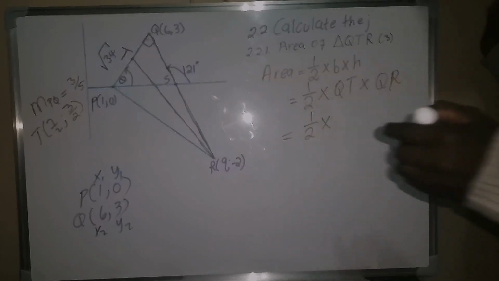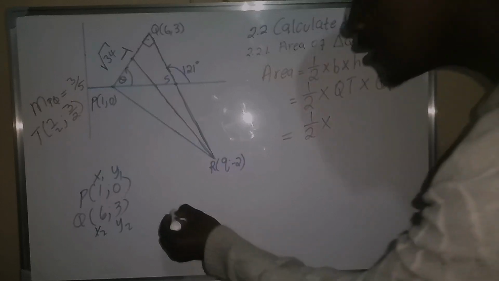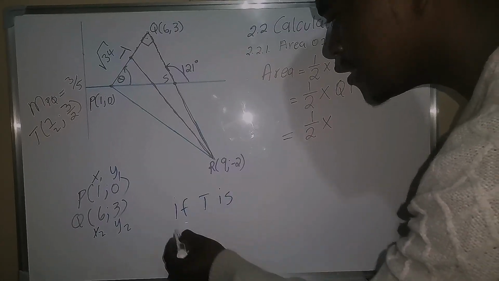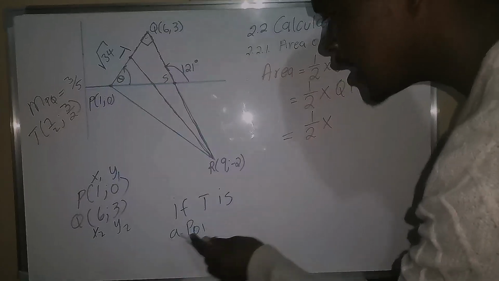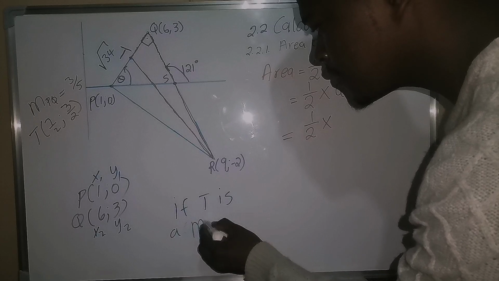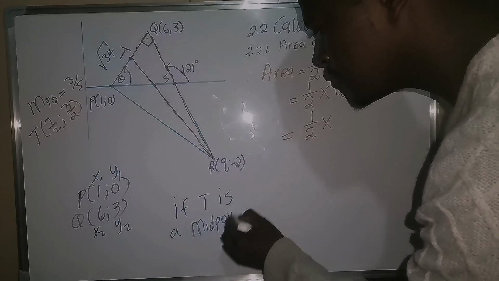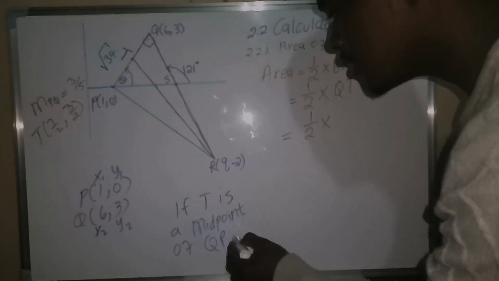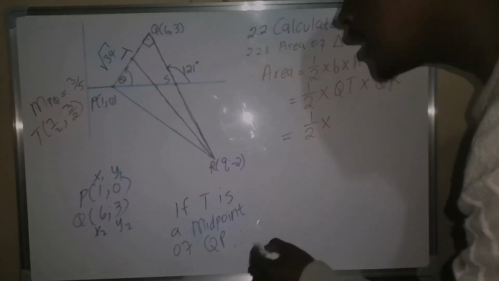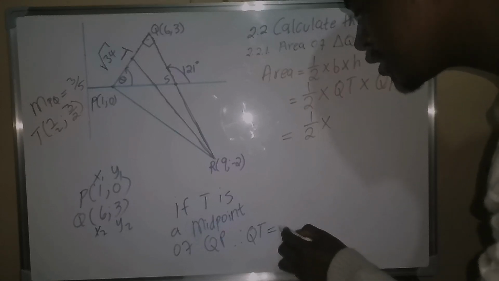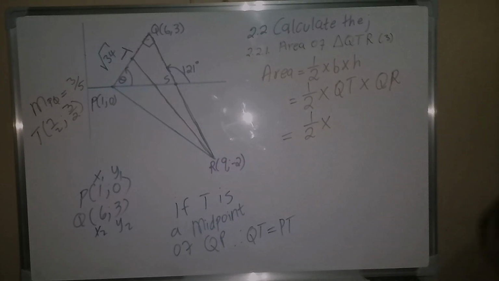That means if T is a midpoint of QP, therefore the length of QT is equal to the length of PT. That's the definition of a midpoint.